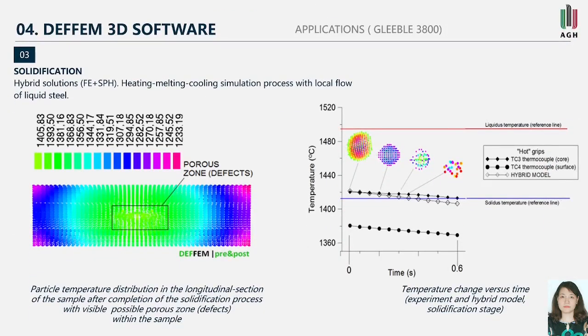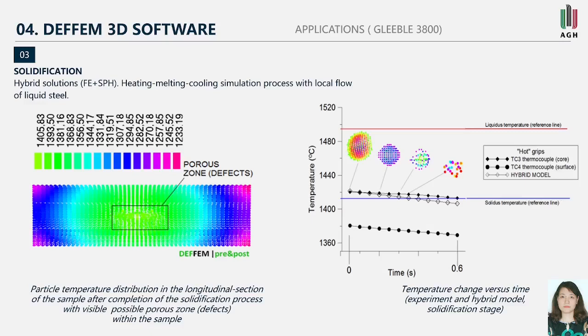The third example shows the possibility of using a hybrid model based on finite element and smoothed particle hydrodynamics methods. This is a complex simulation of heating, melting, cooling and steel deformation in the global simulator.